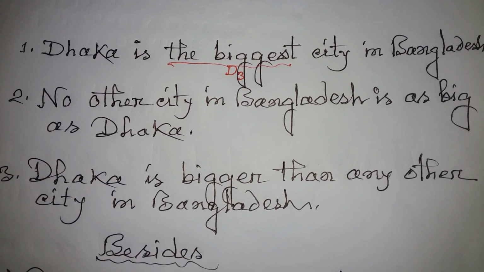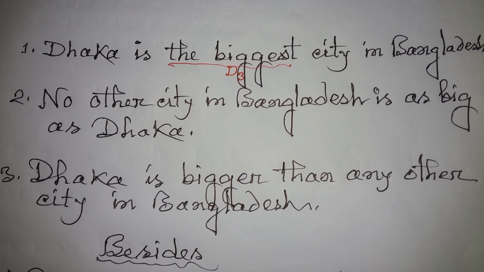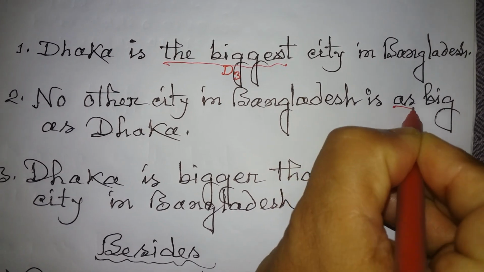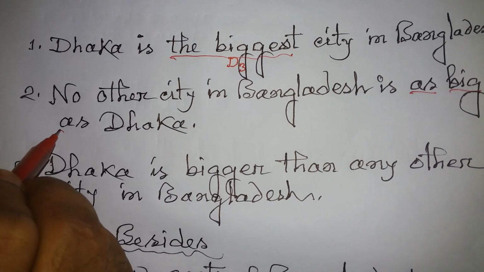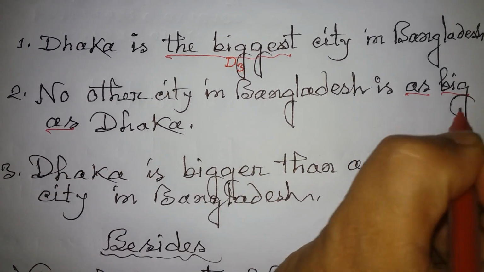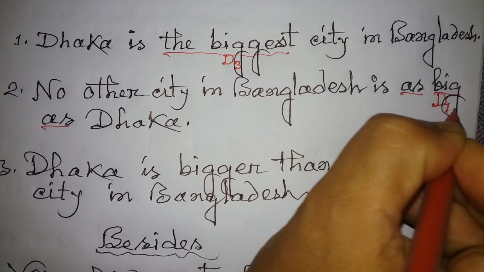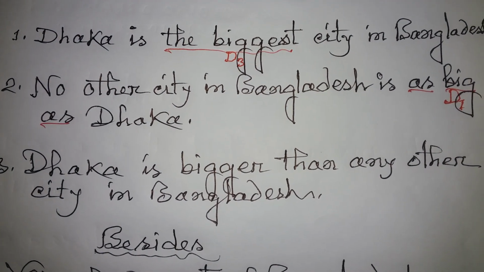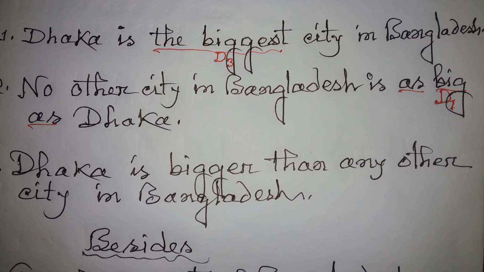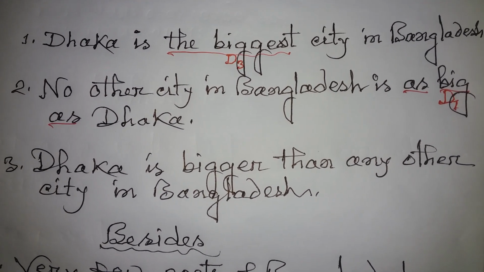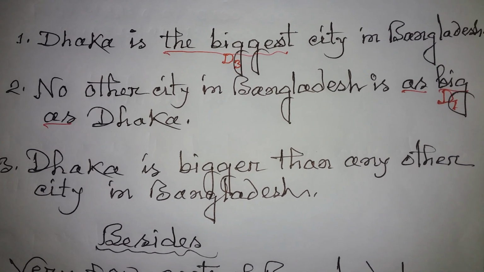Number 2, no other city in Bangladesh is as big as Dhaka. Here, as big as Dhaka, big is D1. Before I said that biggest is formed from big.